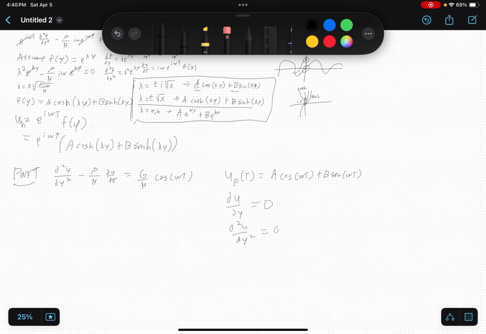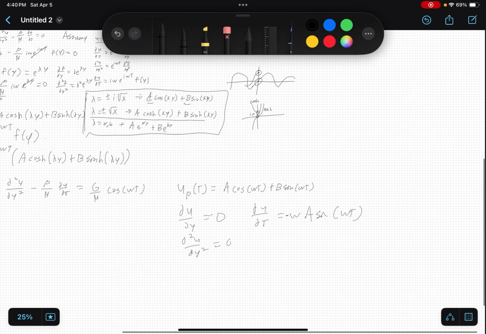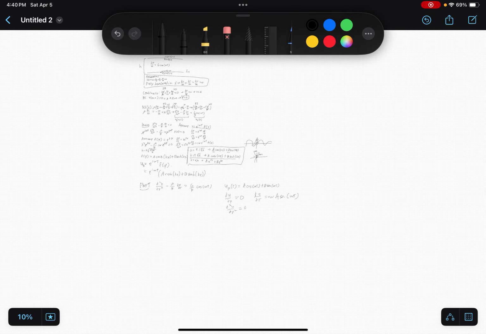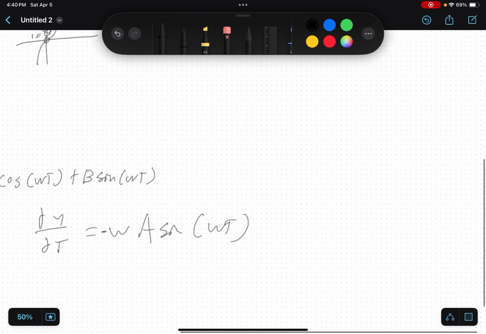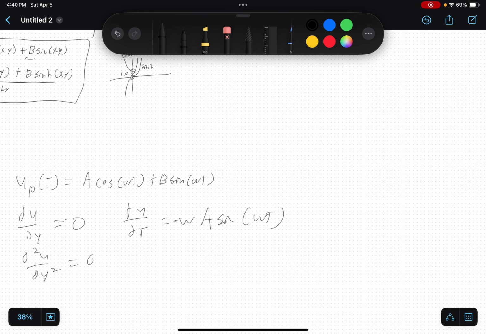And du dt equals negative wa sine wt plus wb cosine wt.